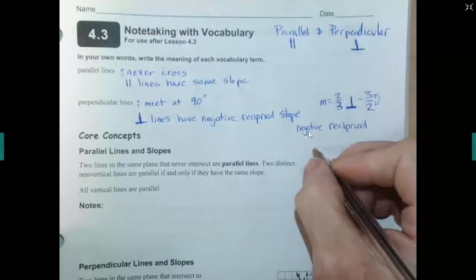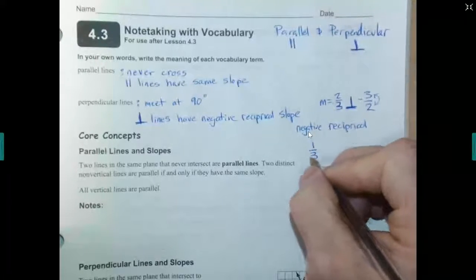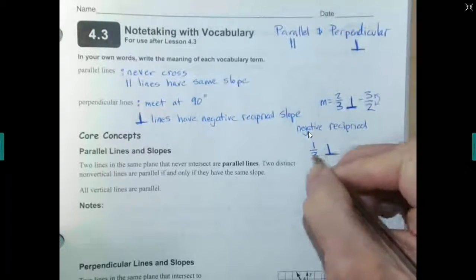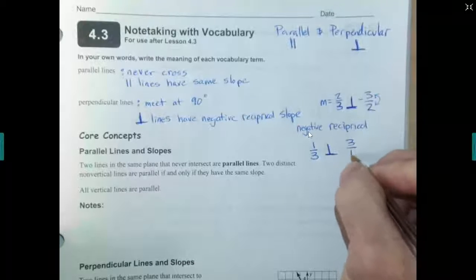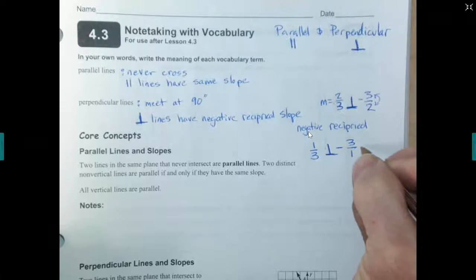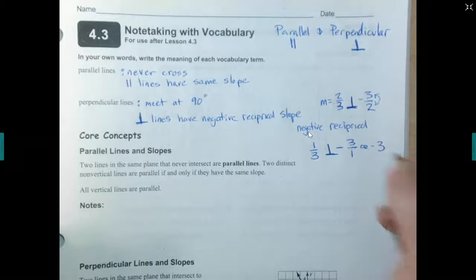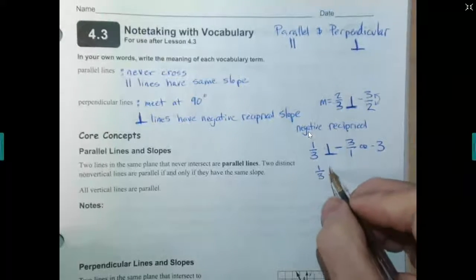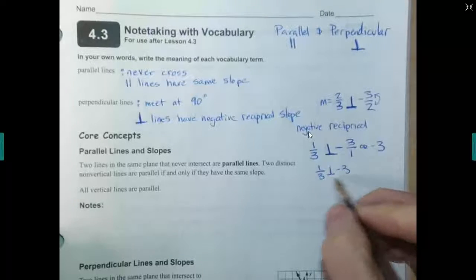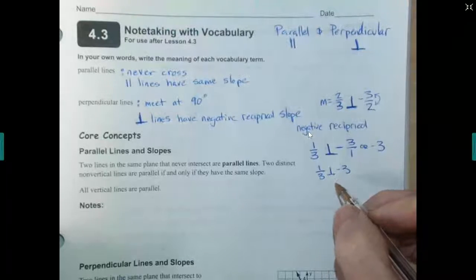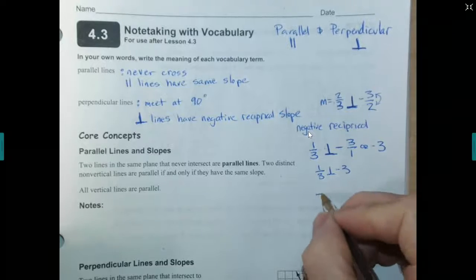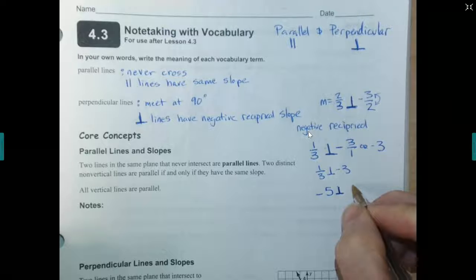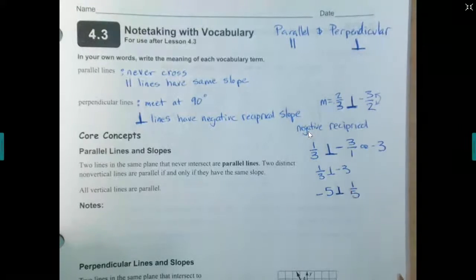What about a slope of 1/3? It would be perpendicular, if we flip this over, to -3/1, or -3. A slope of 1/3 is perpendicular to -3. What if we have -5? Well, that would be perpendicular to 1/5.